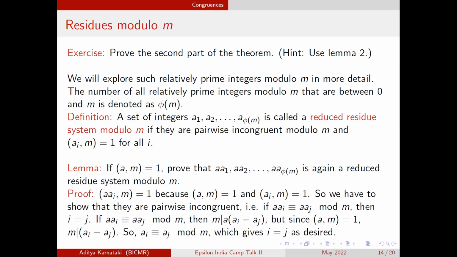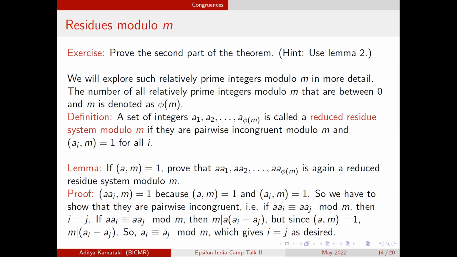There are two conditions to be checked. I'll check the second one first. I check that for any i, the GCD of a times ai with m is 1. But that's just true by lemma 1 that we saw. If you have two things that are relatively prime to m, then the product is also relatively prime to m.